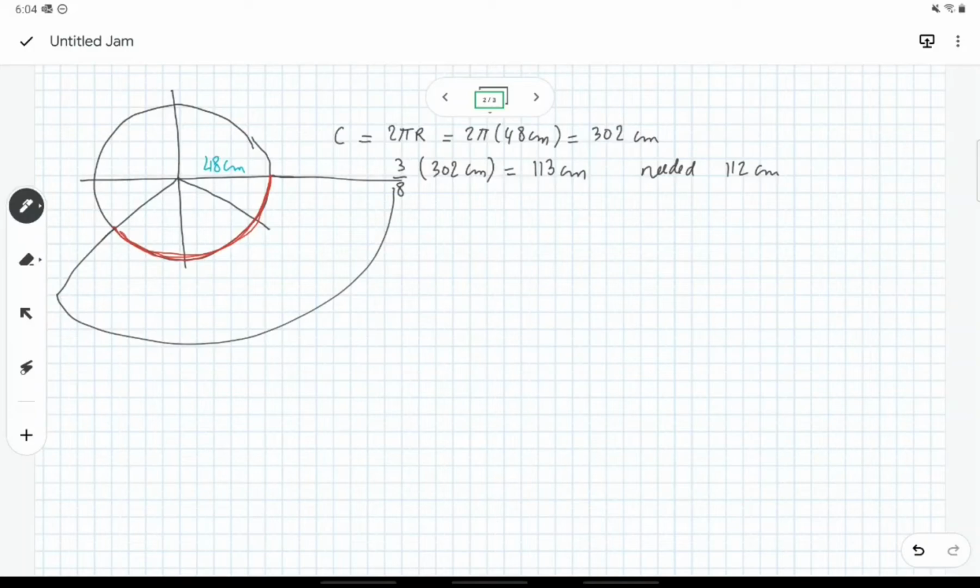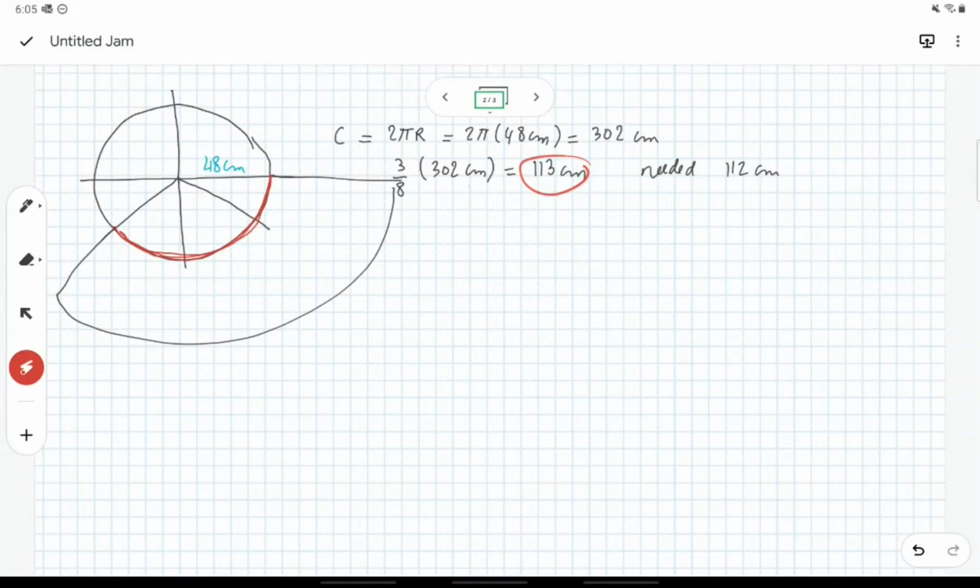So let's reverse engineer that, because all you have so far is your circumference. All you have so far is this, whatever that number is for you. How do you go from here to here? Well, let's reverse engineer. What did we do?